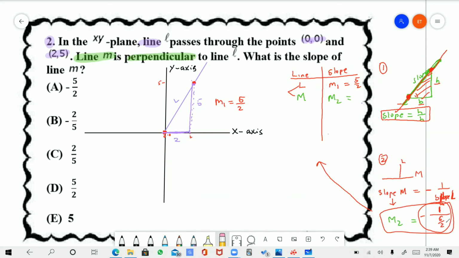So we can just flip this. So M2 will be equal to negative 1 over 5/2. That will be equal to 2/5, without forgetting the negative sign. So M2, which is the slope of line M, will be negative 2/5. So the answer is B.